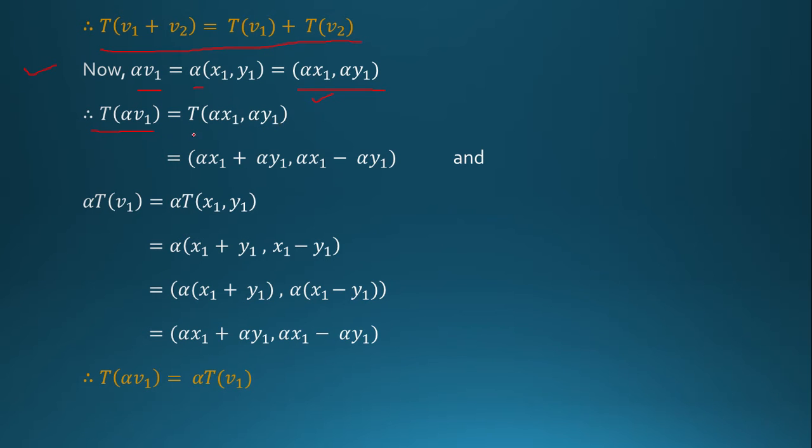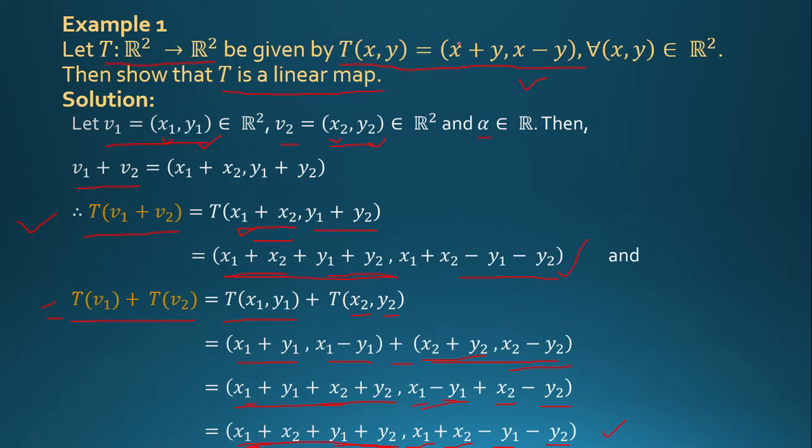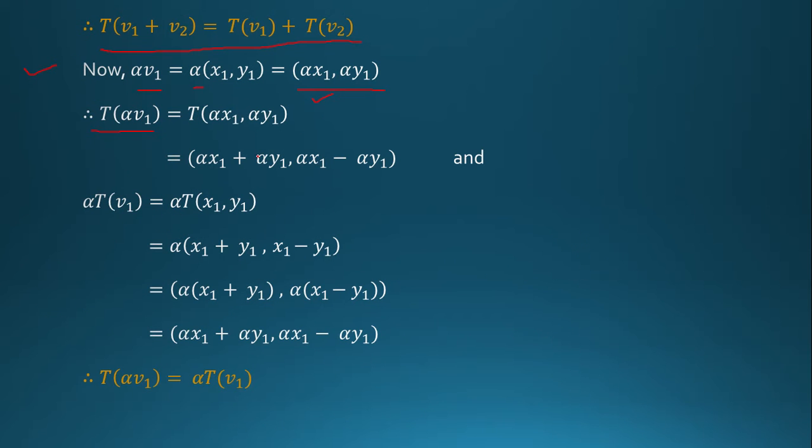Now the definition, T of (x, y) is equal to (x plus y, x minus y). So (alpha x1 plus alpha y1, alpha x1 minus alpha y1), and alpha T of V1 is equal to alpha T of (x1, y1).